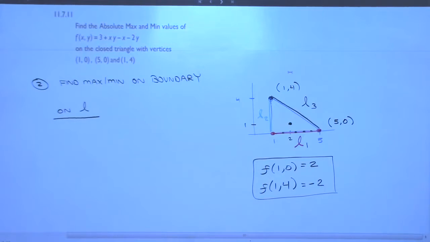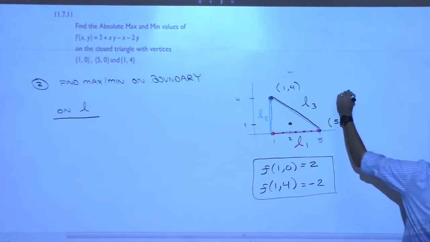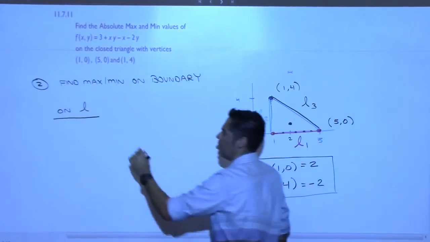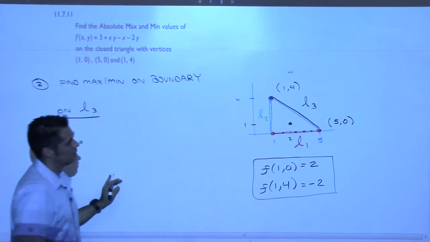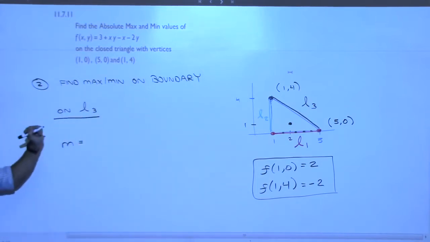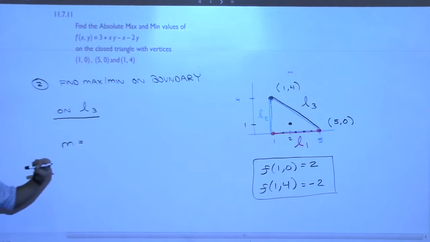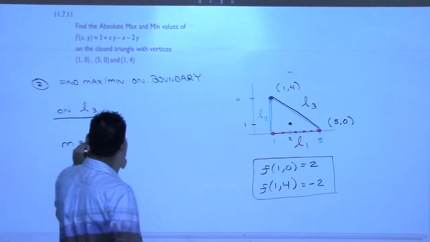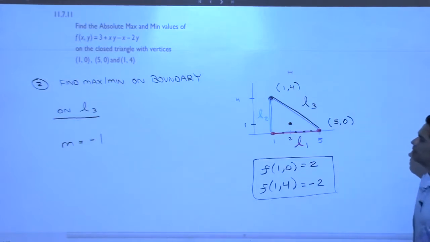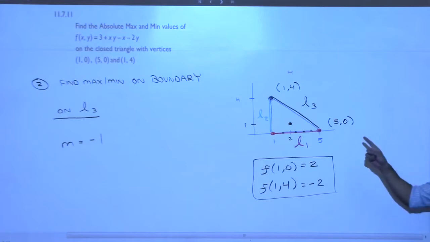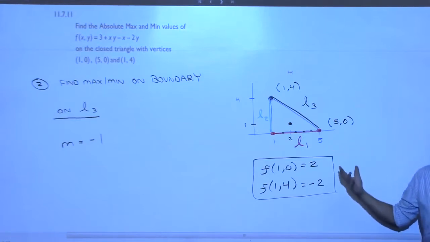Something like that. So what's the slope of this line, L3? I'll do the work right here. What's the slope of that line? -1? Is it? It is. It's -1.